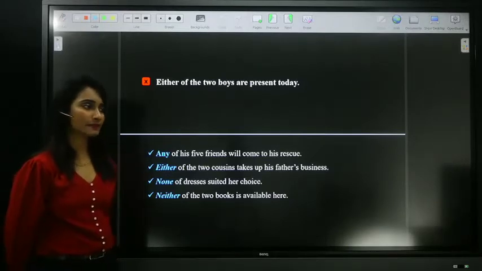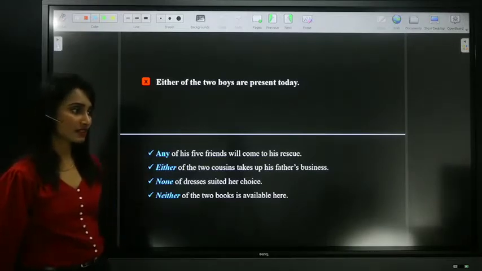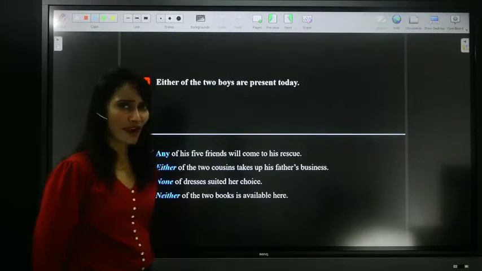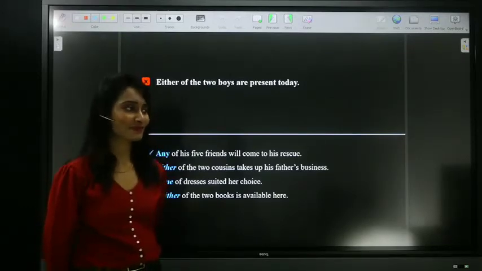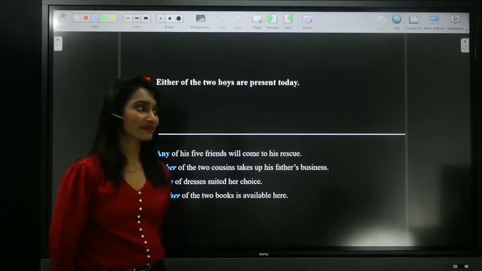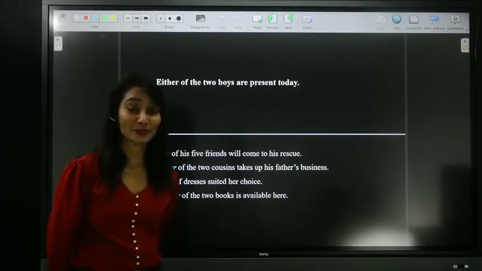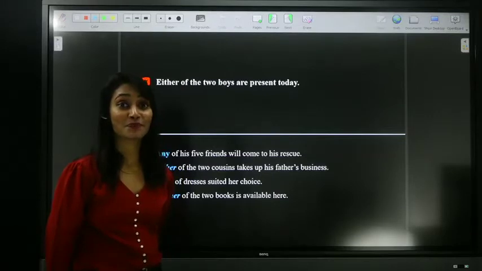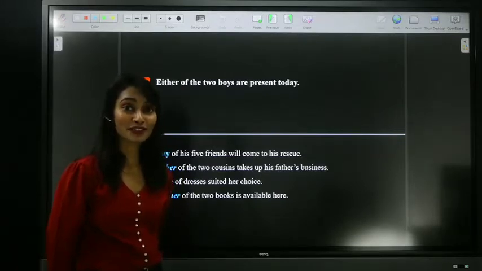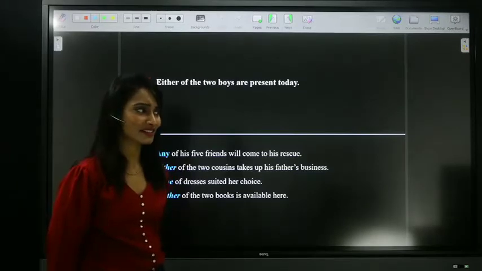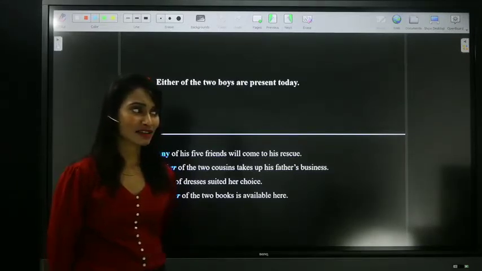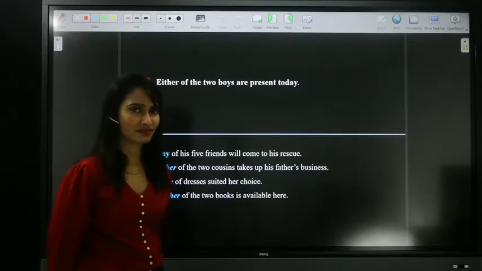Yes, good. Kartikeyan, you're right. Why? Answer it, why? So try to give an explanation, because it makes you knowledgeable to apply it the next time. Why do we require is? Swapna answered both. No, Swapna.